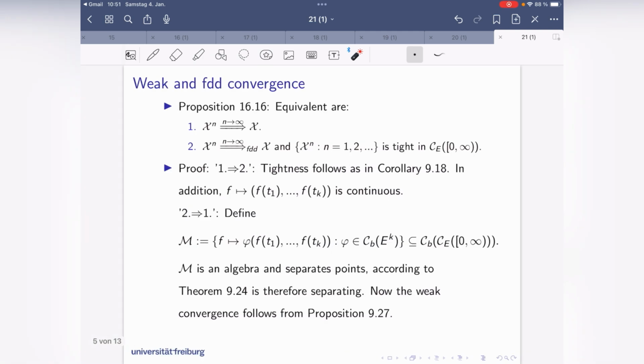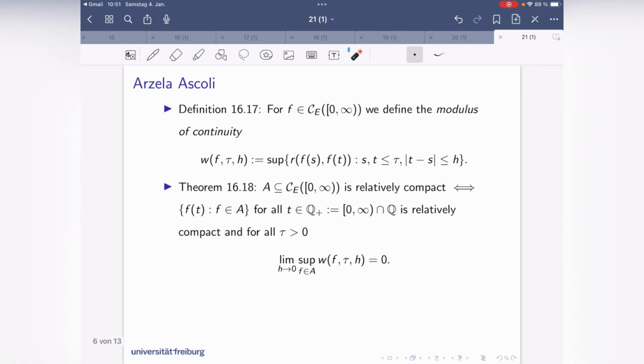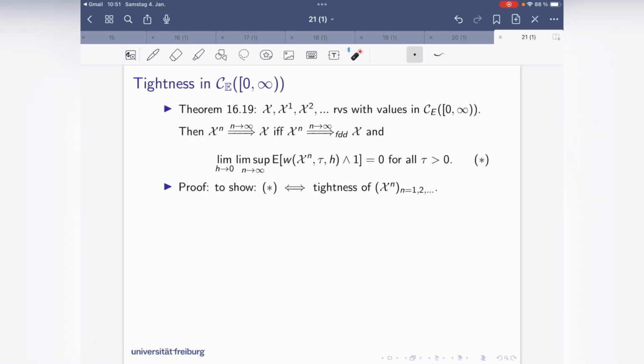Our goal is to show tightness of something, and now we know how we can show relative compactness of a set of functions, and that has to be connected somehow. And here's an intermediate result. So Xn goes to X as processes if and only if they go to X in finite dimensional distributions, and the modulus of continuity, which is of course now random because the Xn's are random, converges to 0 in some nice way.